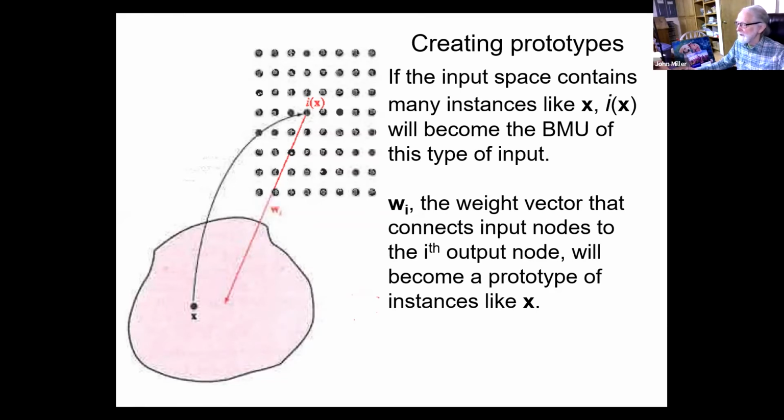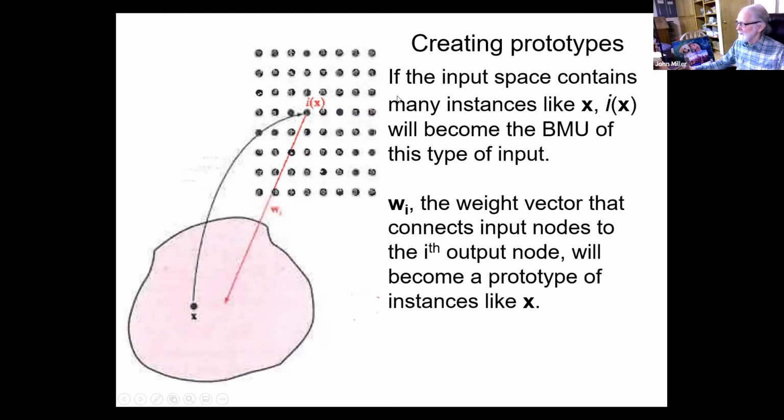So this is a way of abstracting the concept of an input data set. And here is some bunch of dots that are in an array, sometimes called a lattice, and they represent the output nodes of our SOM algorithm. Those are the things that are connected to the vectors here in this data space.